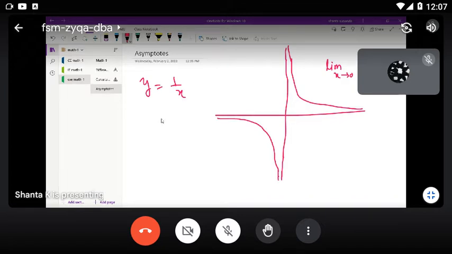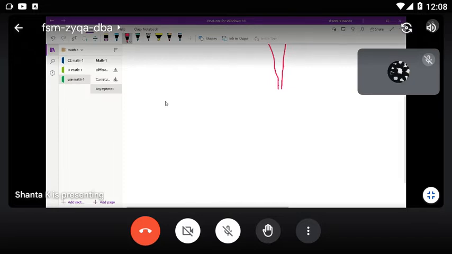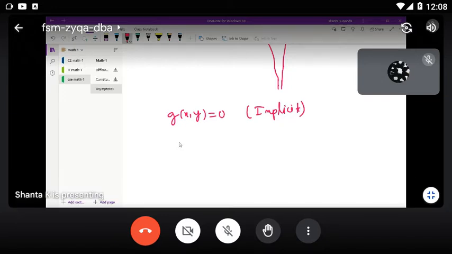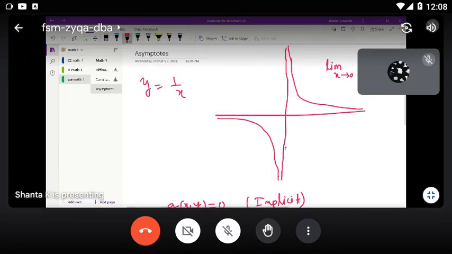Okay. So if you look at the formal definition, any equation given to us, we will write g of x, y equals 0. It's the implicit form. You can also write it as y equals f of x or x equals h of y form.